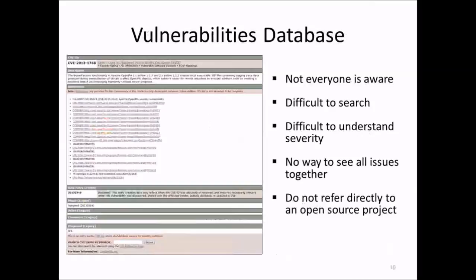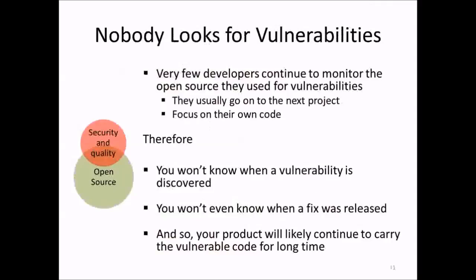There's no comfortable way for developers to even search for vulnerabilities in their open source libraries, and awareness is generally very low. So the number of people even going out to search isn't that high to begin with.